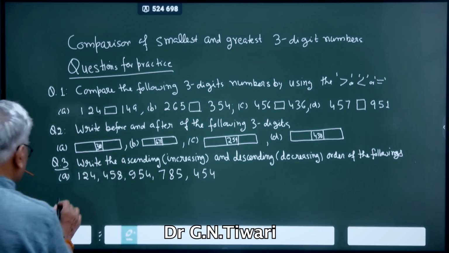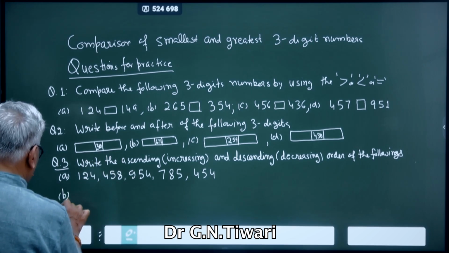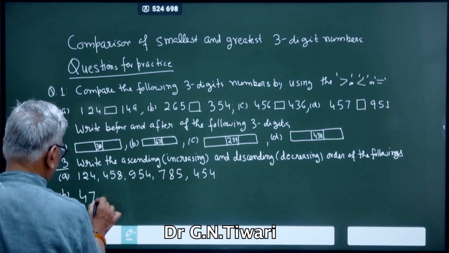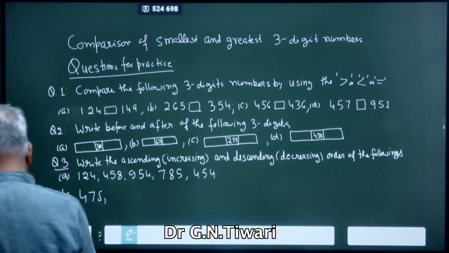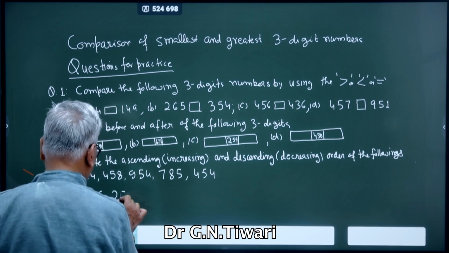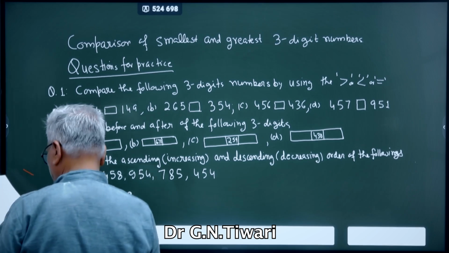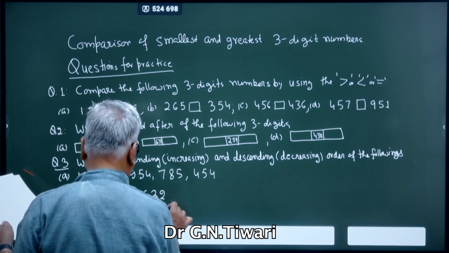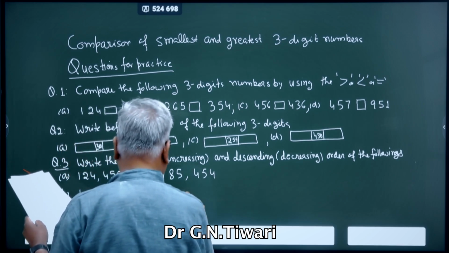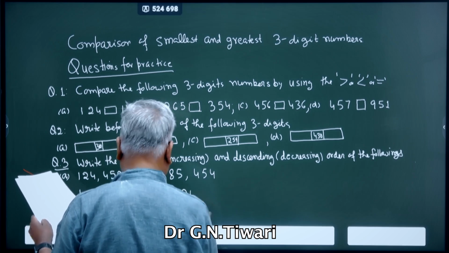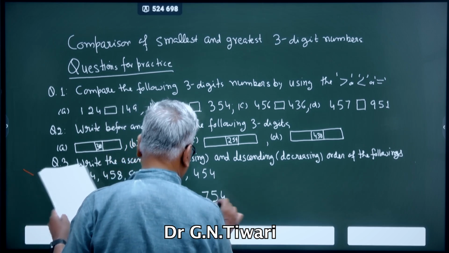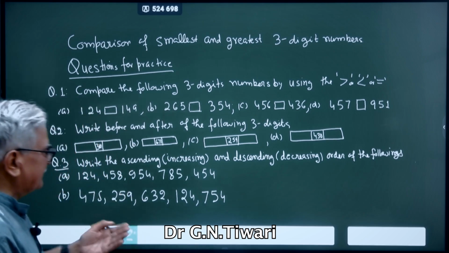Now B is 475, 259, and 632, 124, and 754. And I am giving the hint.